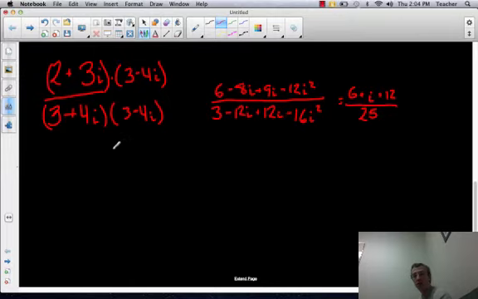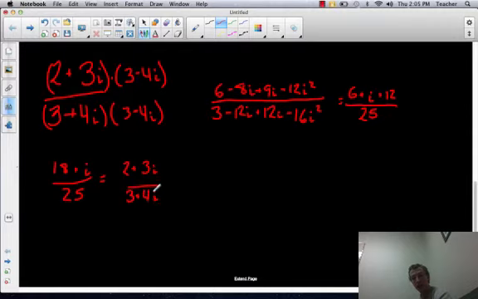So this all simplified out ends up being 18 plus i. Now, all we end up doing is putting the 25 in the denominator. So 18 plus i over 25 is the exact same as 2 plus 3i over 3 plus 4i.